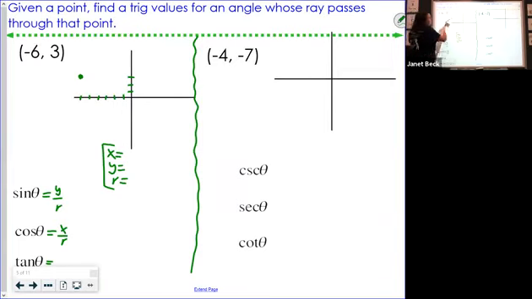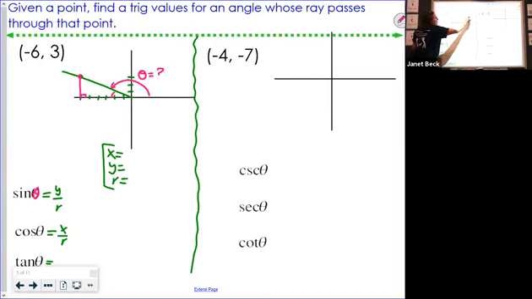So we could build a triangle by linking the point always to the x-axis, never to the y-axis. This would be our reference angle, and theta itself would be this angle here.